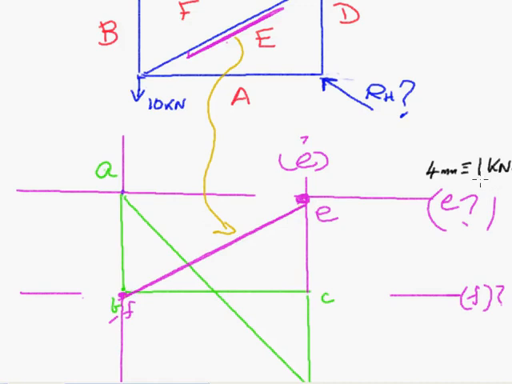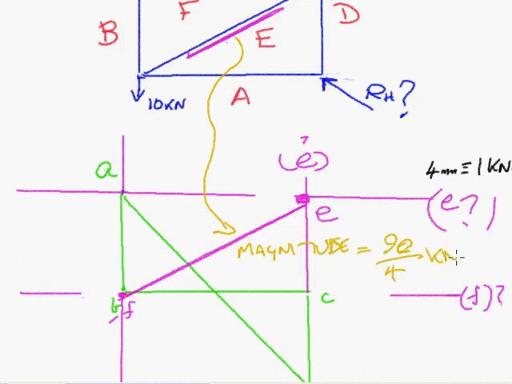That's going to be the magnitude of that line there, and it equals 90 over 4 kilonewtons.